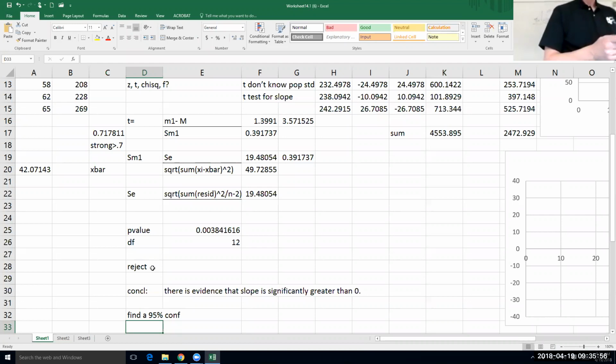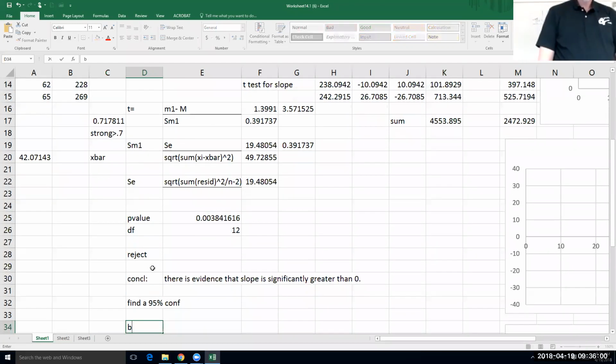The confidence interval, according to my paper, is b1, which I would call m, plus or minus t sub alpha over 2 times s sub e divided by, I'm just going to call this the square root of the sum of the x residuals squared.